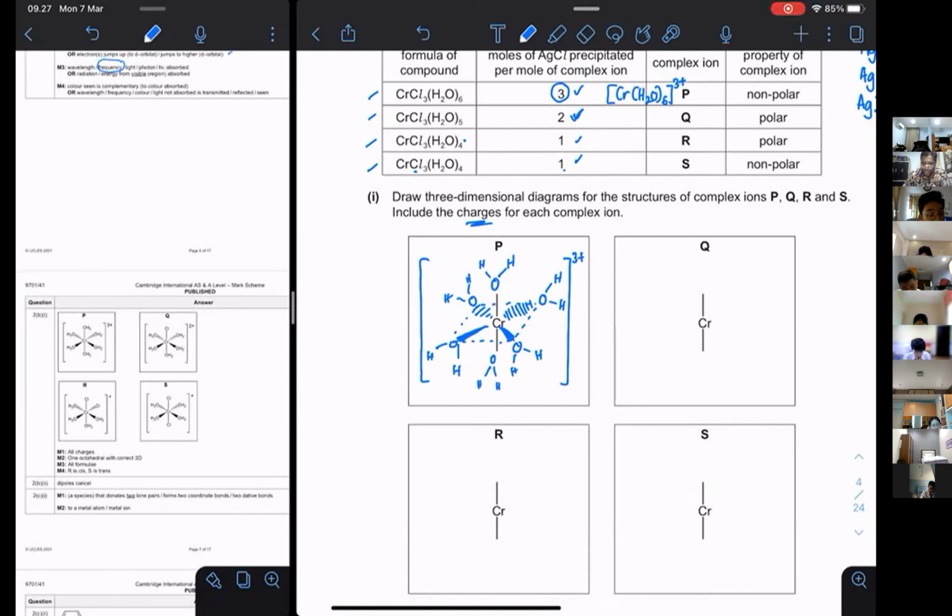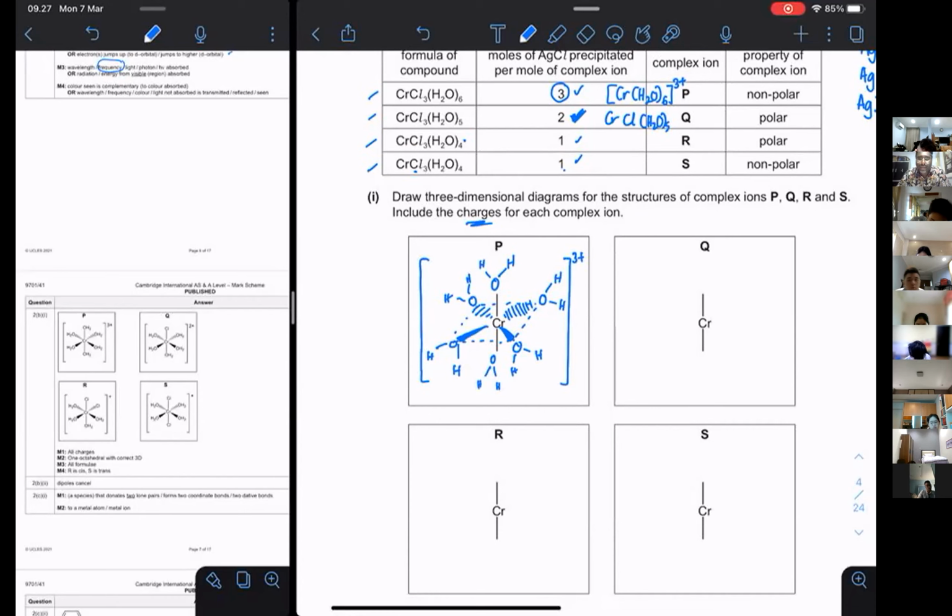So if you remove 2 Cl from here, you will have Cr, there is 1 Cl left, and then there is going to be H2O5. You see there are 6 dative bonds over there. You no need to add anything.